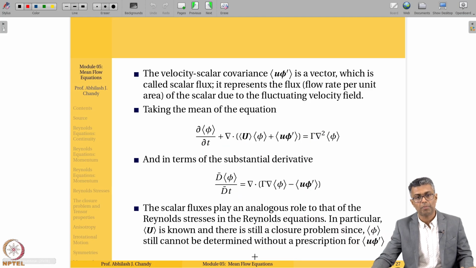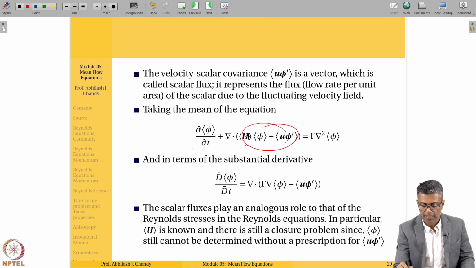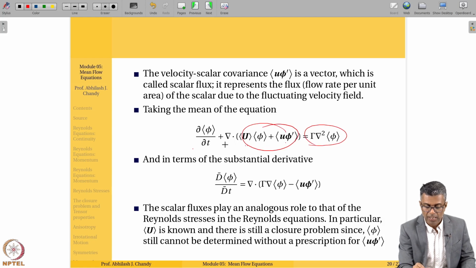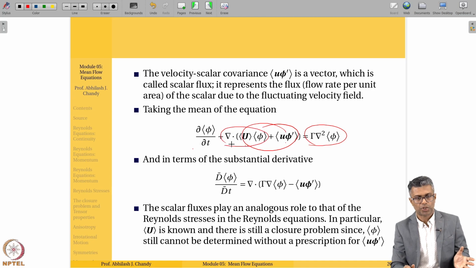Now you put that into the mean scalar equation, and you have d phi dt plus del dot u mean phi, and u prime phi prime, which is coming from the nonlinear term. And then you have the viscous term here. Now I'll use the mean substantial derivative definition. This can be split into two by just using the chain rule.